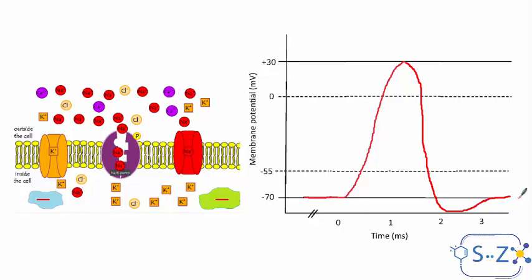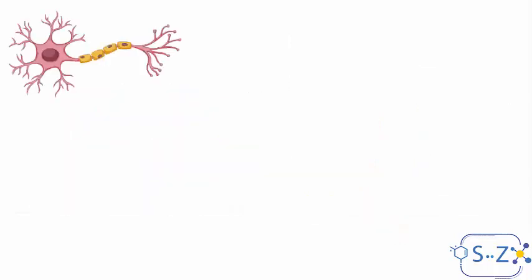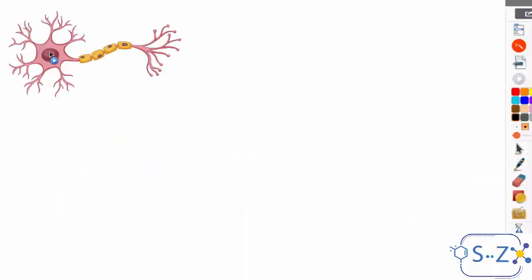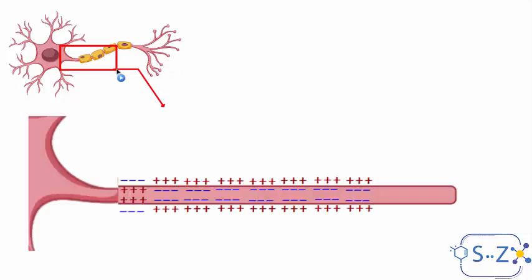This leads us to how the nervous message is transmitted along the axon. If we look at the axon, we see that, for example, everything we talked about happened at this point, let's say, in this area of the axon, where the charge switched, and the inside of the axon is positive, while the outside becomes negative.